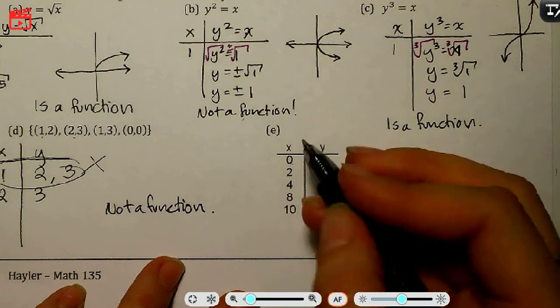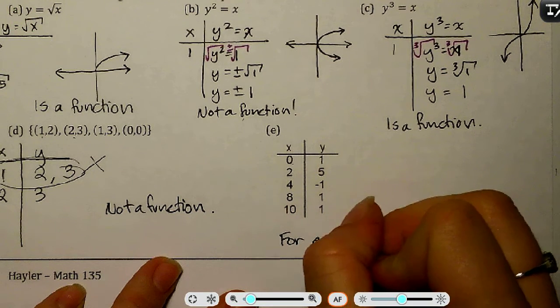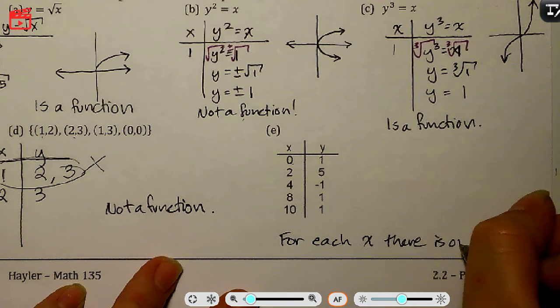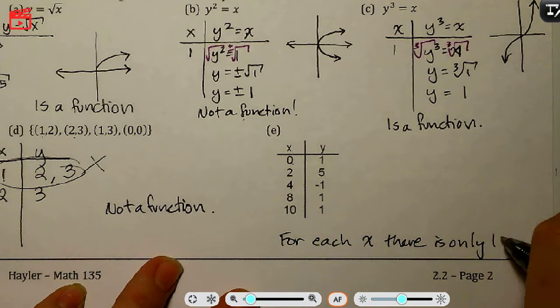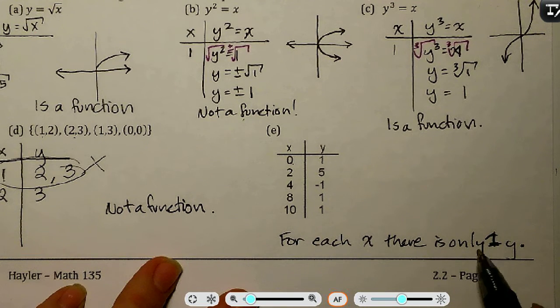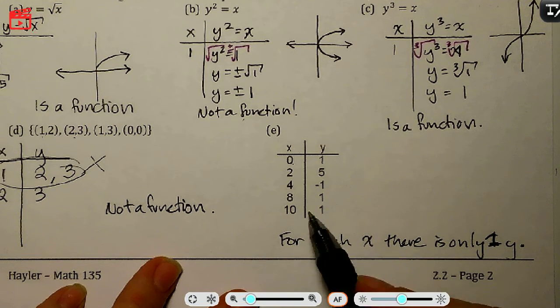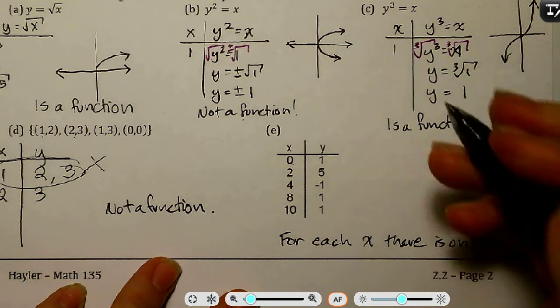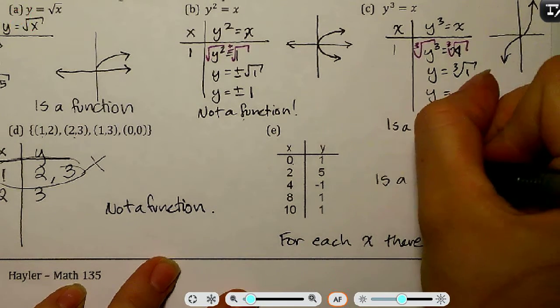It's only for each x, there's only one y. The other way around, that's not how we check a function. For a function, for each x, there's only one y. This one passes the definition that for each x value, we only have one y. So this is a function.